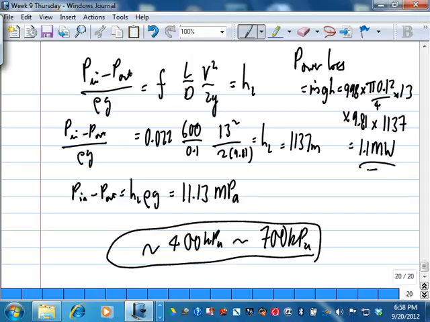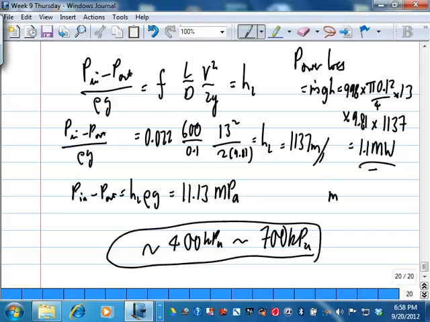Okay, yeah, maybe 13 meters per second is too fast for the pipe. It is very fast. Right. But we're moving a lot.